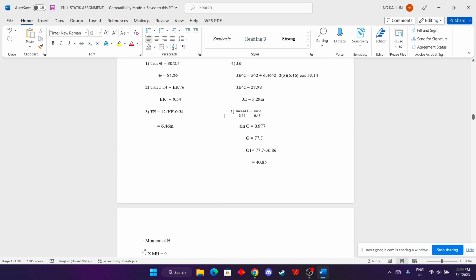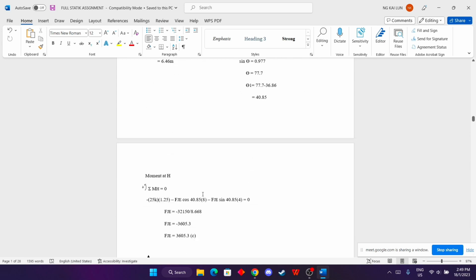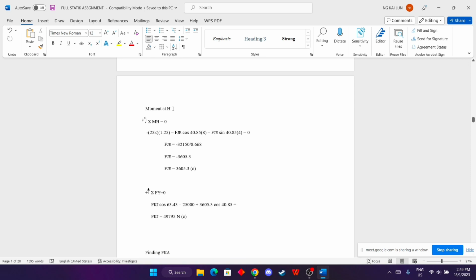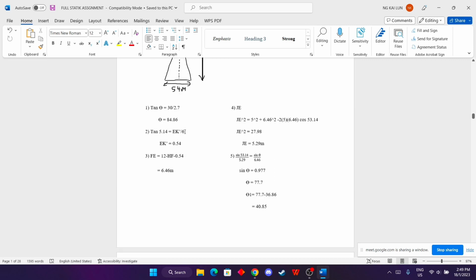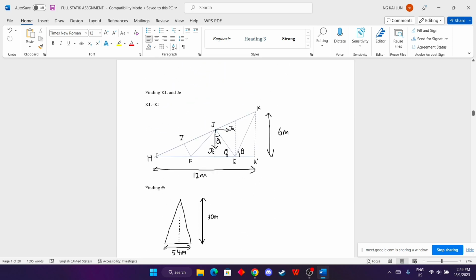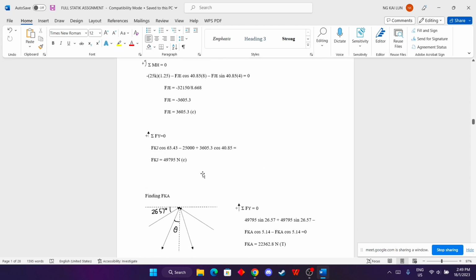Okay, so we have all the necessary information for us to find the forces. I start with moment at H. Moment at H equals negative 25k times its perpendicular length, which is 1.25. And then JE here, the force here times 1.25, and then JE times each respective perpendicular length.